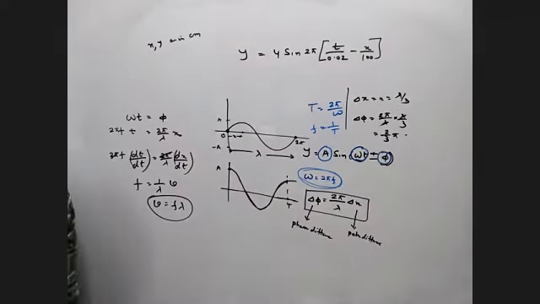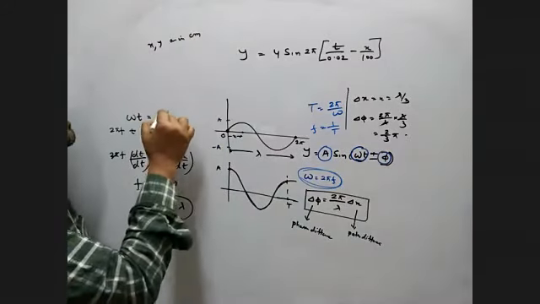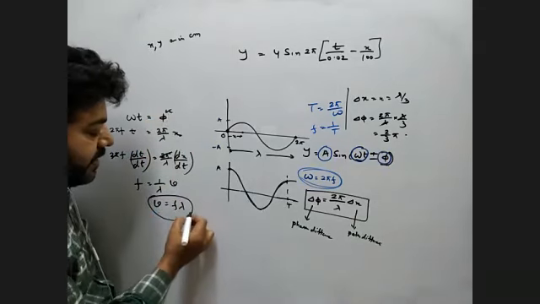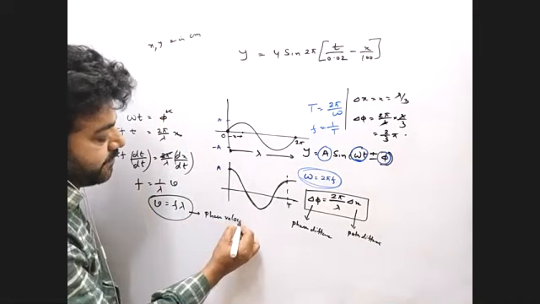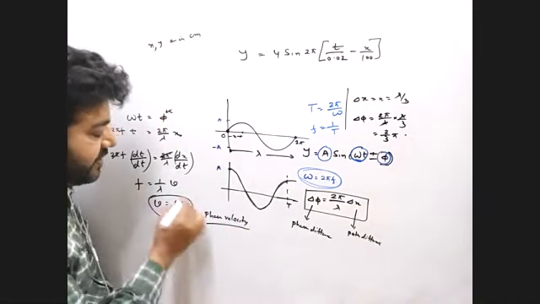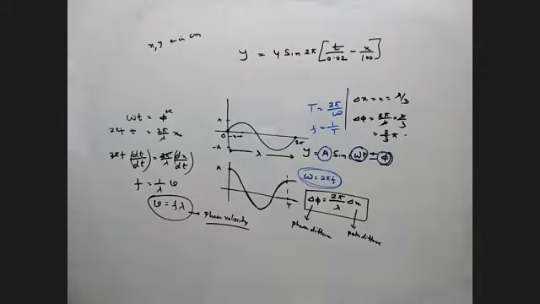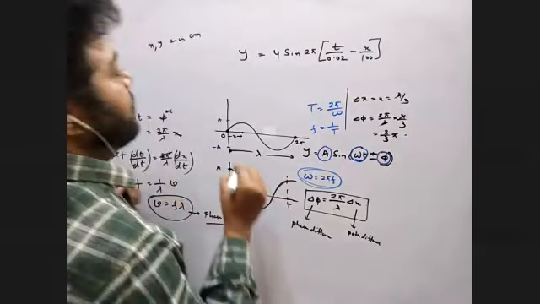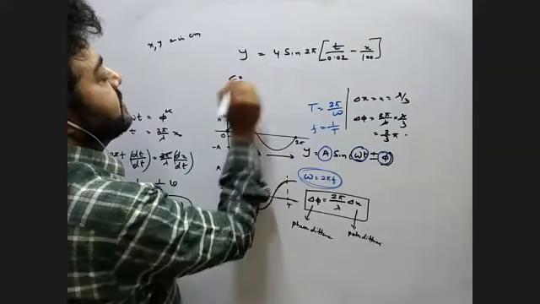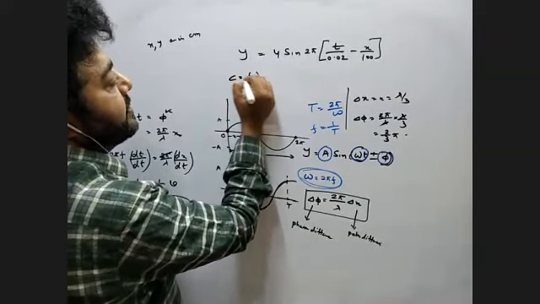This velocity is called phase velocity because you get it from the phase angle. For any wave, this velocity remains constant. Are you getting my point? Like you frequently use for the velocity of light, velocity equals frequency times wavelength.